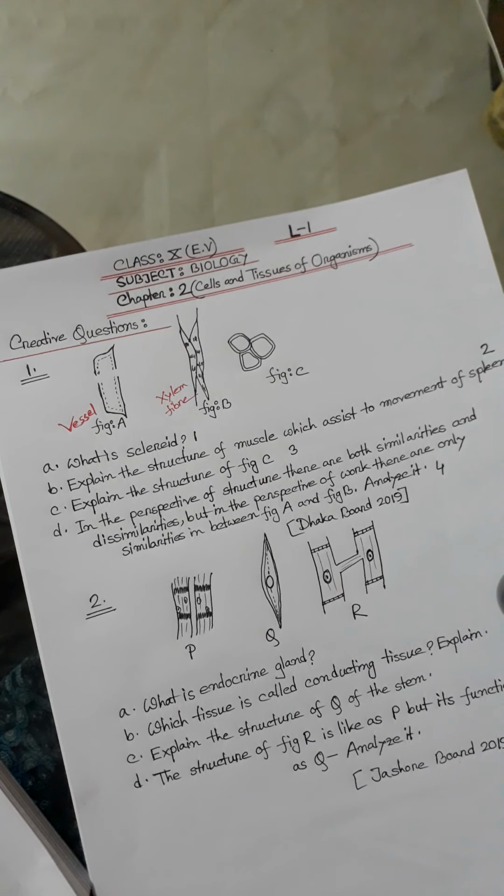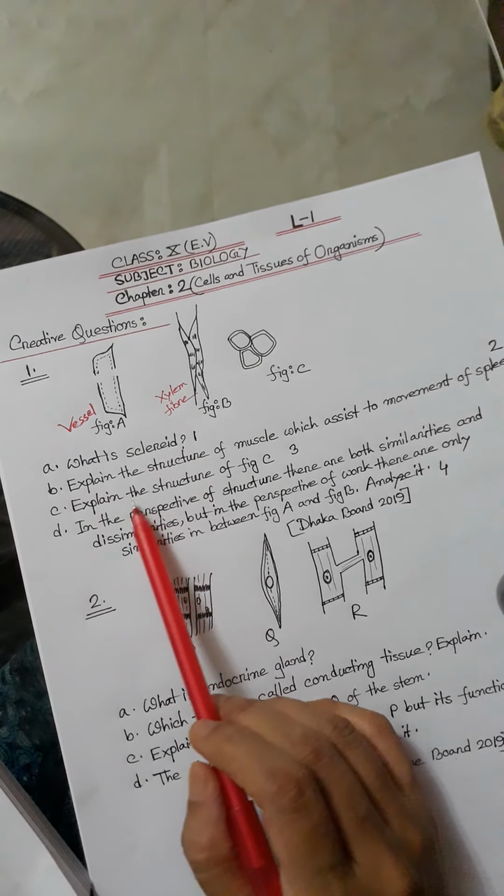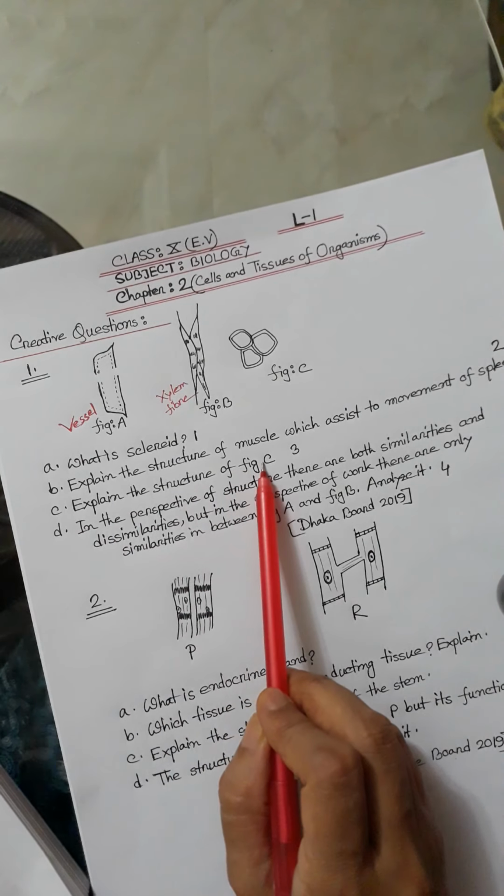Involuntary muscles mainly take part in the internal circulation of the body, such as peristalsis in food digestion.